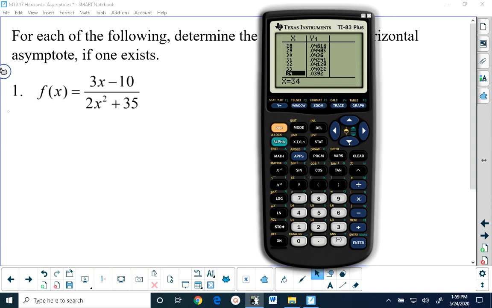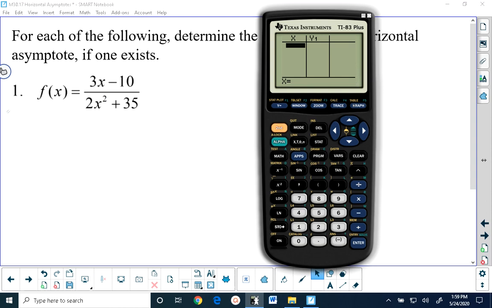So what we can do is go to our table and change the independent variable to ask. And by the way, how we're answering this question is a very clunky method. I will show you a different method in a second. So when I go to my table, after changing the table setting to ask, it's waiting for me to input an x.